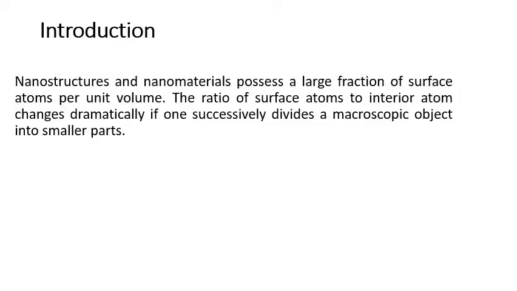If the material is in bulk structure, then only exterior atoms can participate in any activity. But if you reduce the particle size, then now the interior atoms also come out, and this changes the surface to volume ratio dramatically.